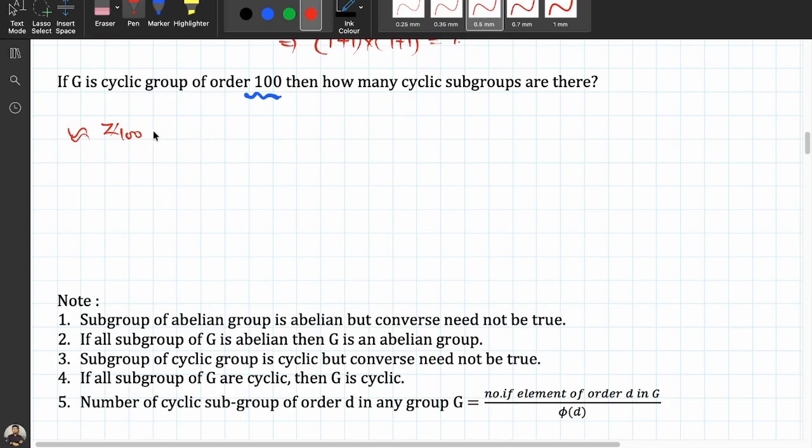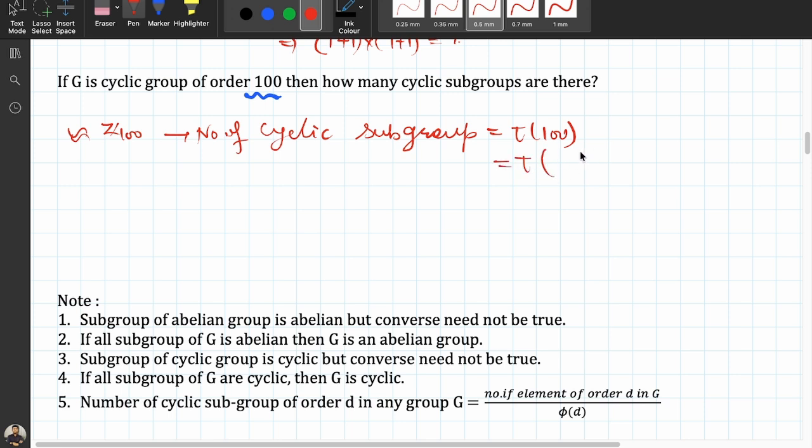So the number of cyclic subgroups of this group is equal to tau 100. Write the prime factorization, 2 square into 5 square. Write the powers plus 1, 2 plus 1 and 2 plus 1, so simply it is 3 into 3. So 9 cyclic subgroups are there for this Z100.